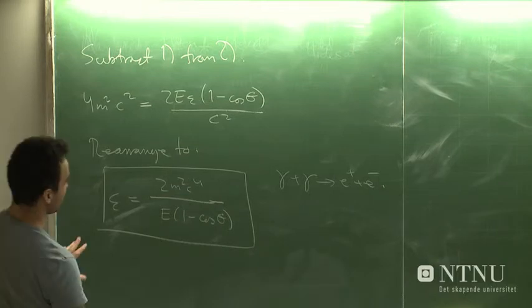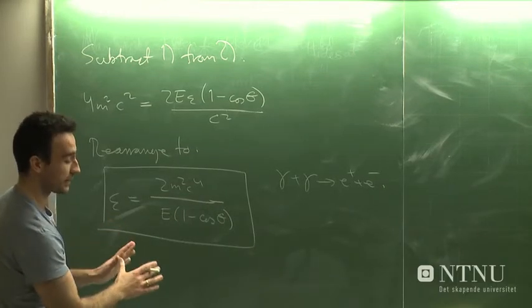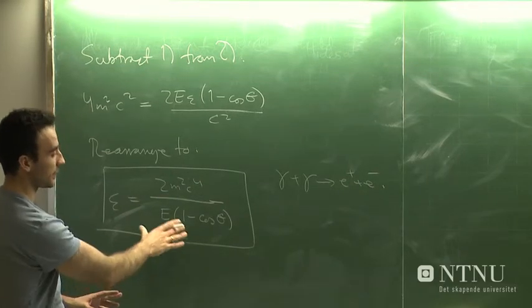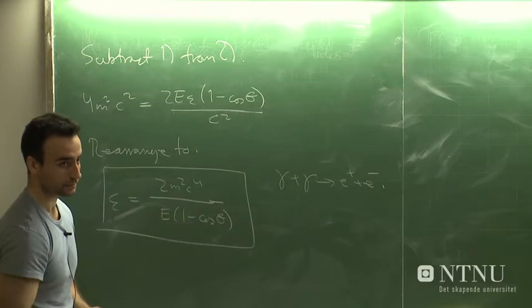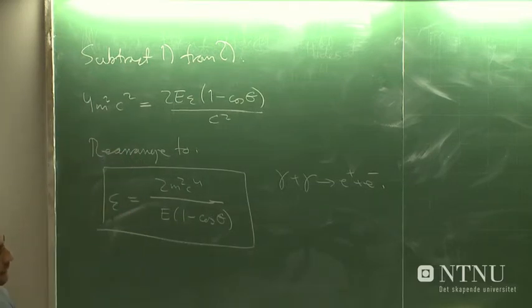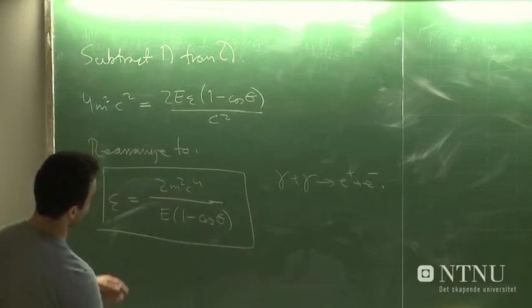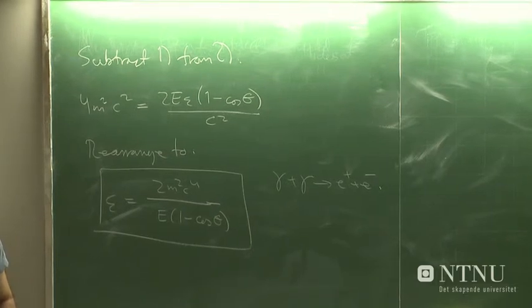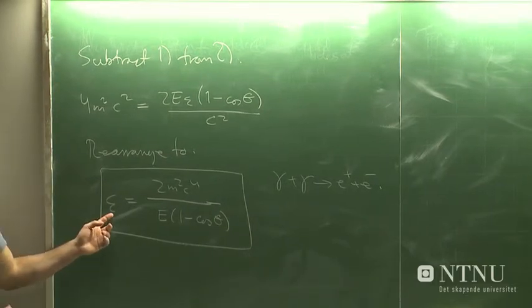Okay, so let's, as always, when you find an expression, an equation for the final result, take a minute, sit back, and think, is this physically reasonable? Well, what happens when the energy of the second photon, which has energy E, becomes very large? Well, epsilon becomes very small. Is this reasonable?